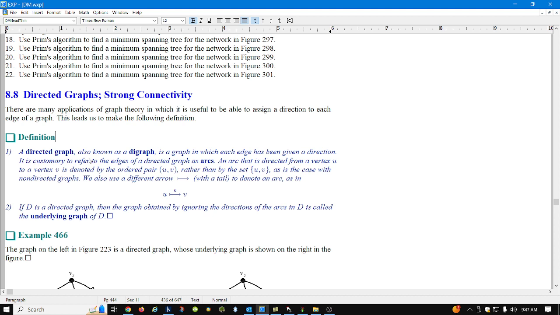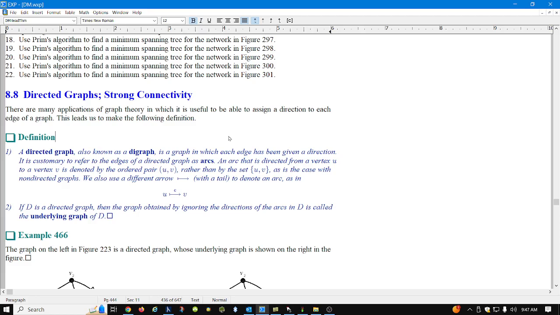A directed graph, also known as a digraph, is a graph in which each edge has been given a direction. It's customary to refer to the edges of a directed graph not as edges but as arcs.